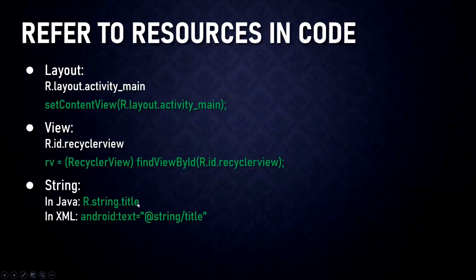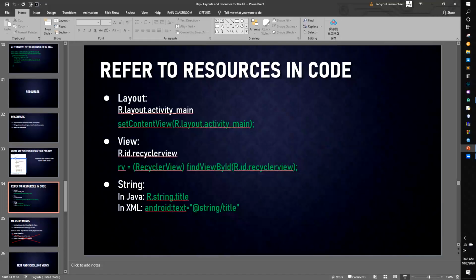If you are using it in your XML, you can just use the android:text attribute, and you specify the string and the title of that string. This is for the XML, this is for the Java. If you are referring to your string file from your Java, you use this way. If you are referring from your XML, you use this way.